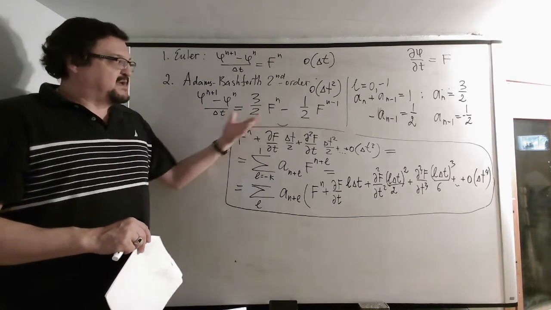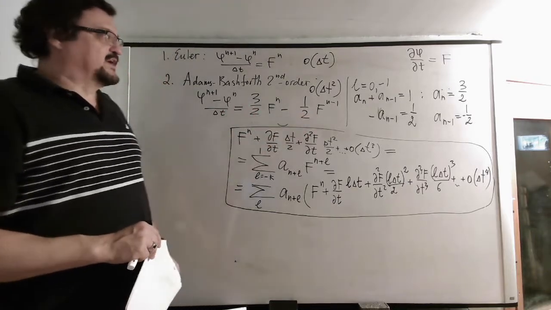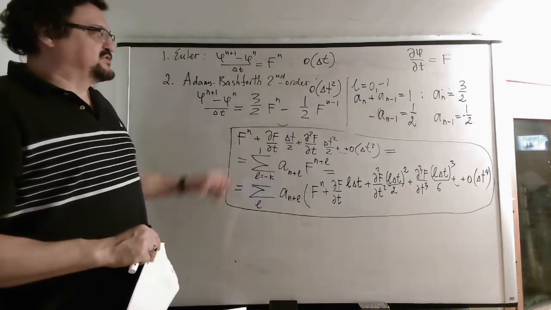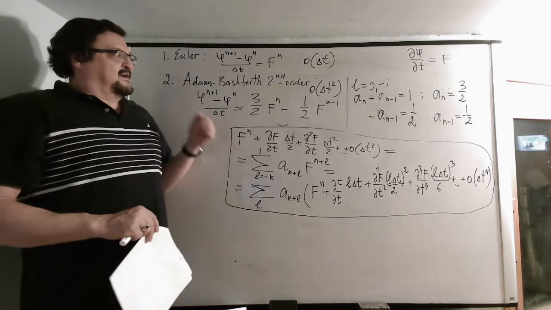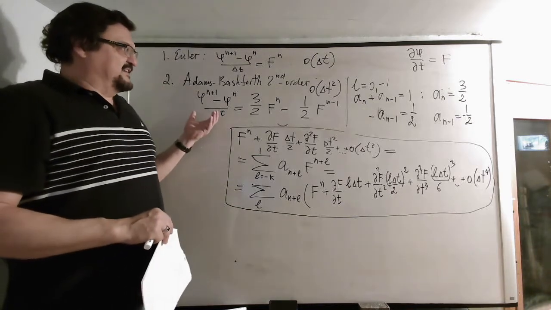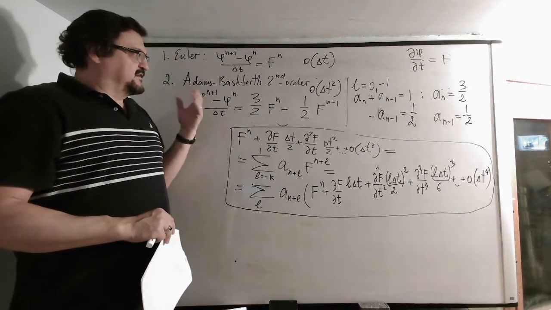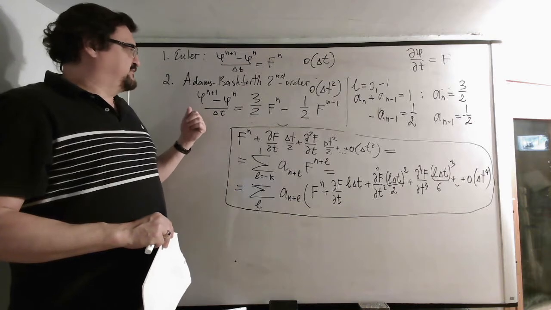That's why people use the scheme, because it saves you a lot of storage. It requires only 2 arrays for the right hand side. So that's a nice thing. But it's very weakly unstable, as I said before.